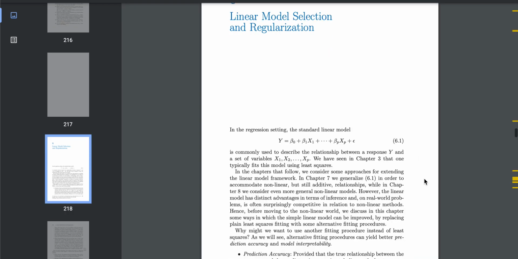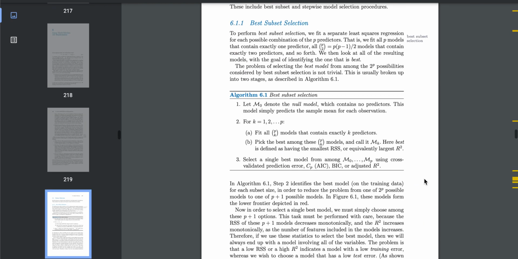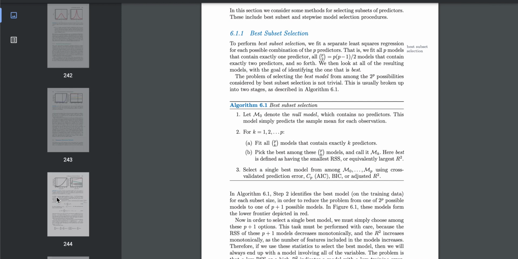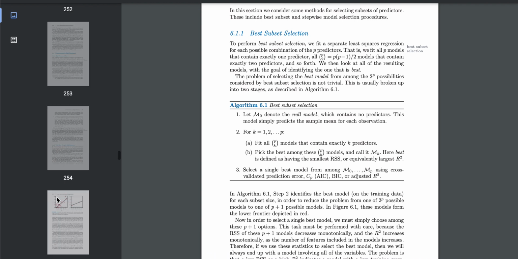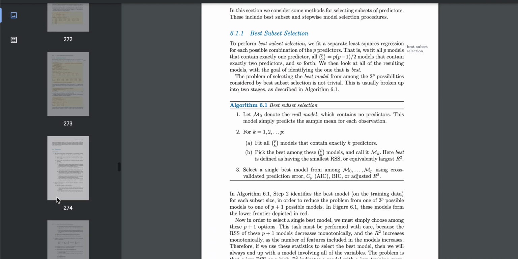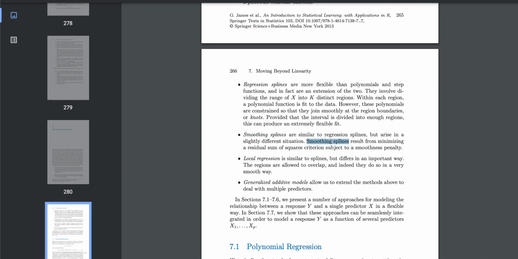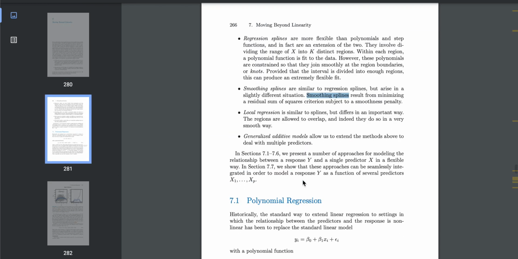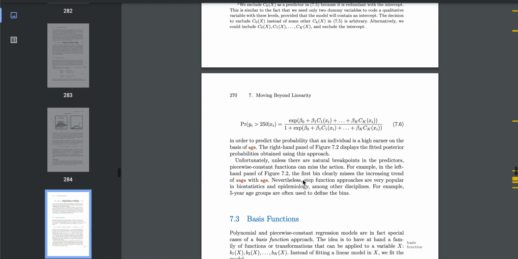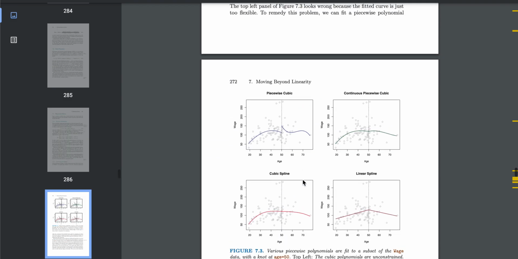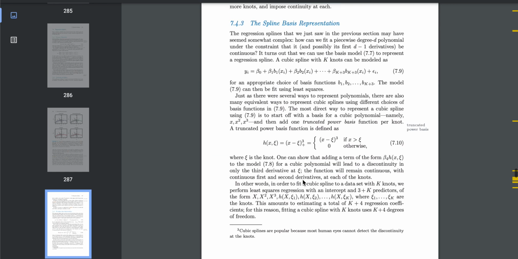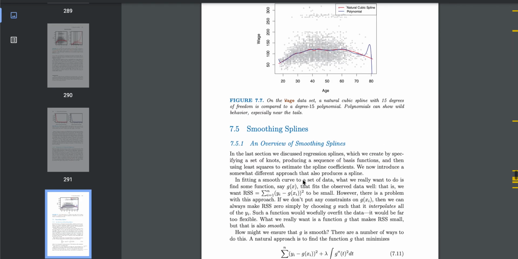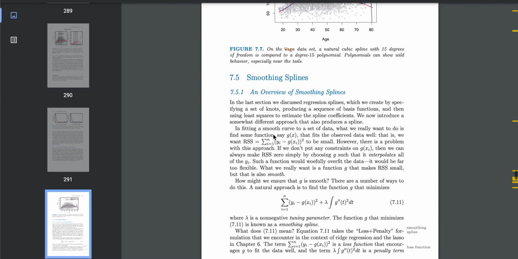One such family are the smoothing splines, which we will talk about in chapter 7.5 of the ISLR book.